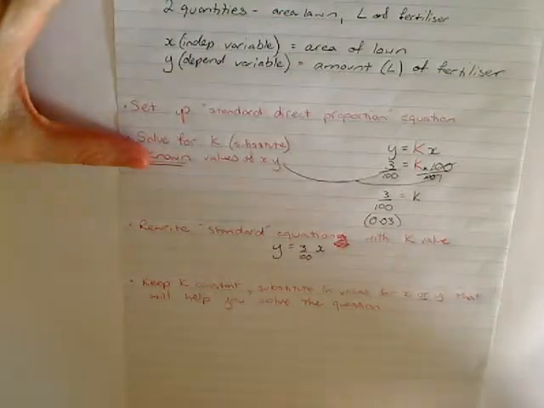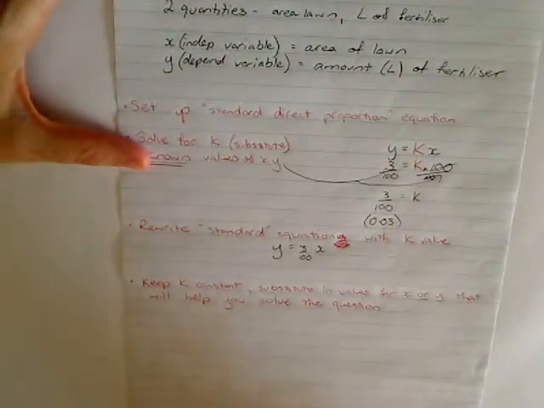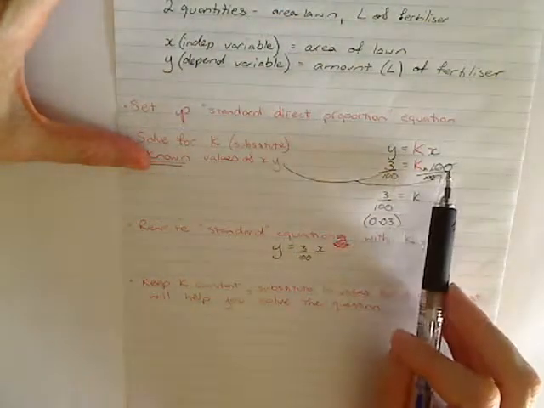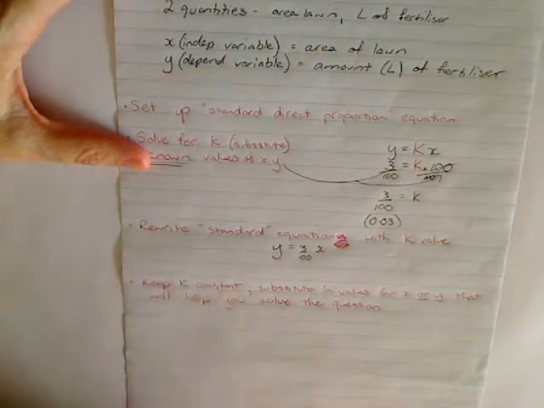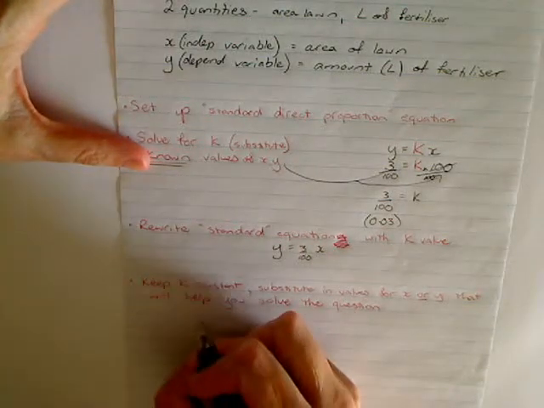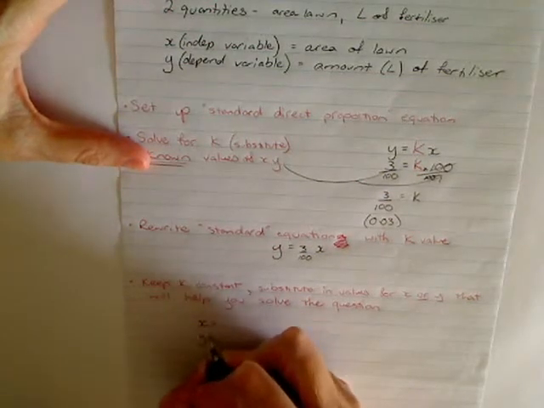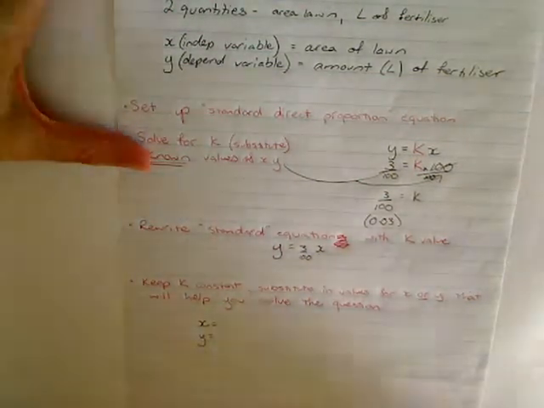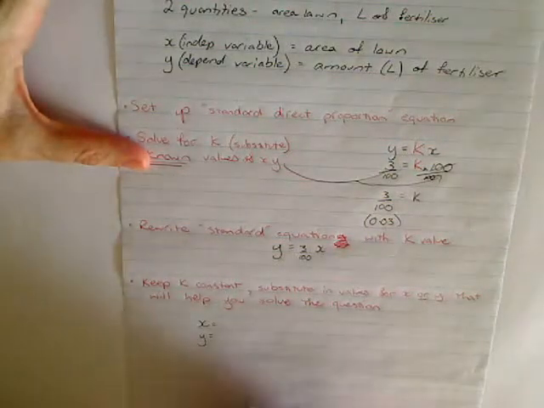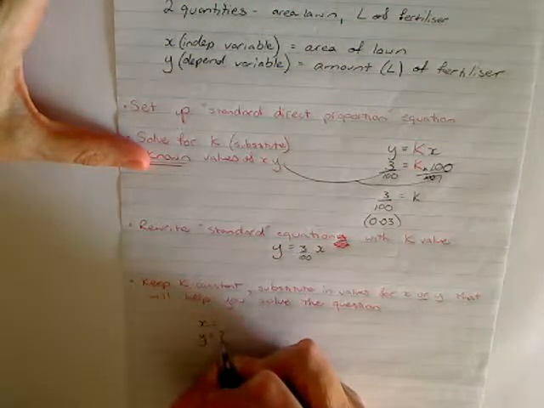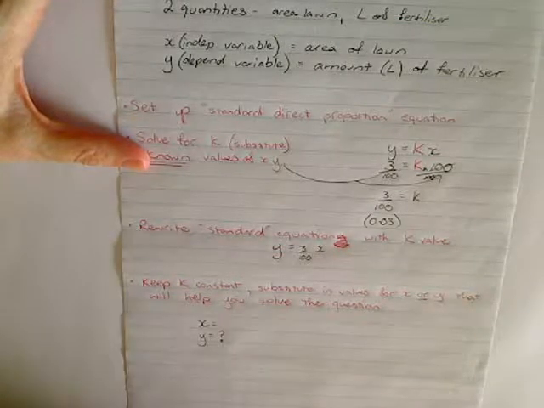So just like unitary method, we began with a ratio that we did know about, and then we moved to sort of half the information we want to know. I want to know the litres of fertiliser, and the litres of fertiliser is my dependent variable.